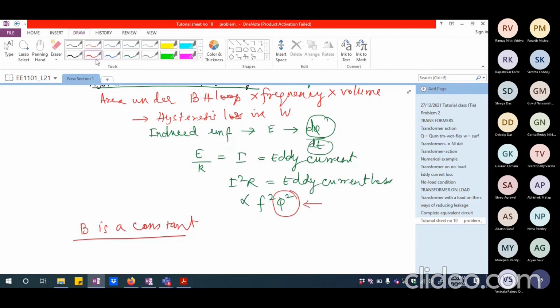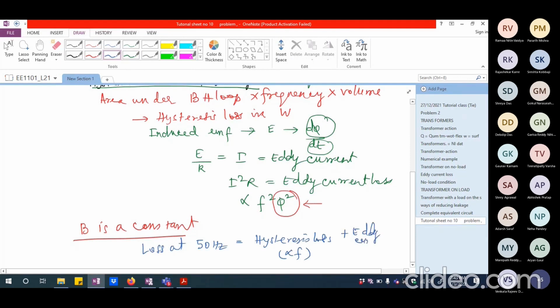If this does not vary, then for the loss at 50 Hertz, the hysteresis loss is proportional to frequency, and the eddy current loss is proportional to frequency square.